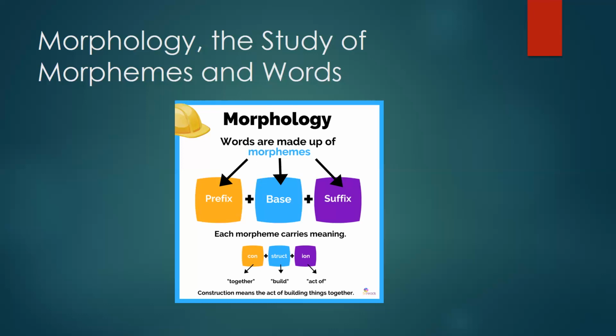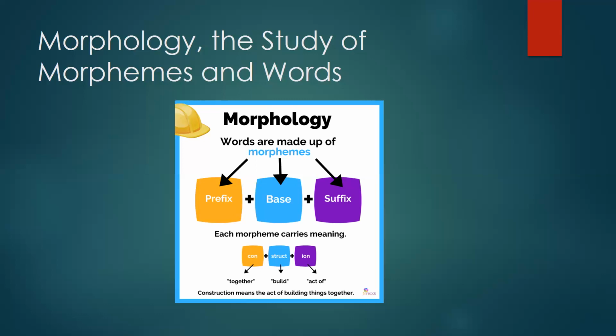The base word is going to be teach. As you can see, we have prefixes and suffixes, and we have the base word. So teacher is the base word with a suffix, and the suffix is going to be er: teach, teacher. Another kind of morpheme is the prefix. The prefix goes before the base word.